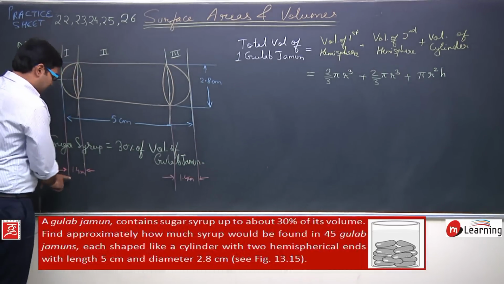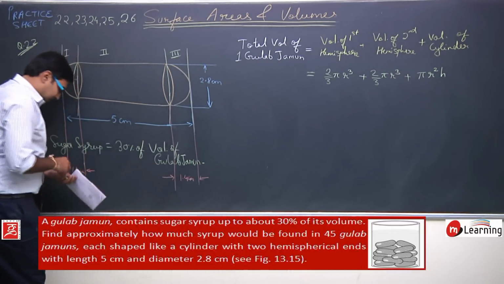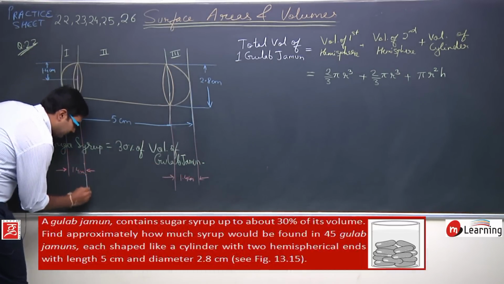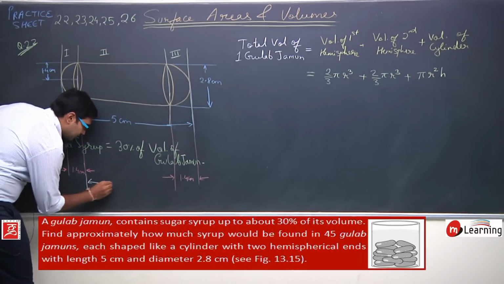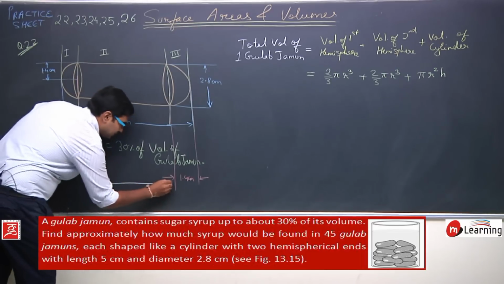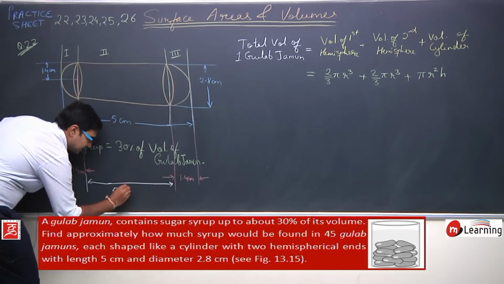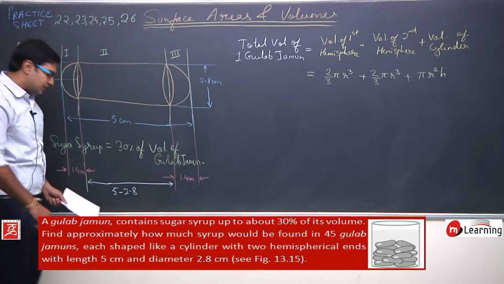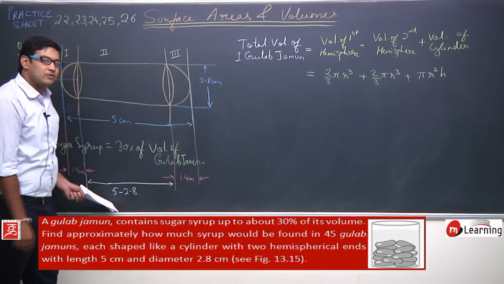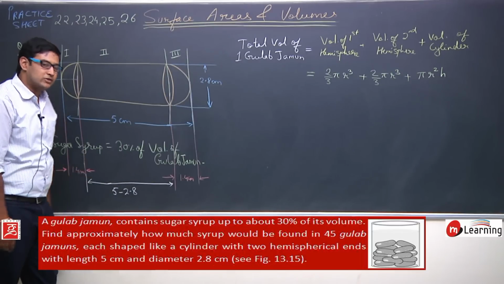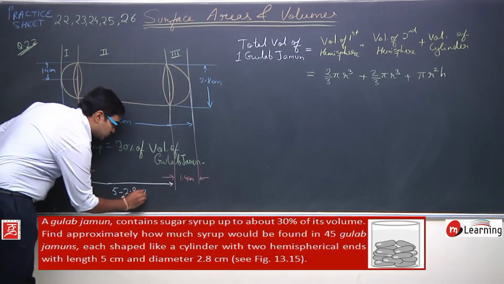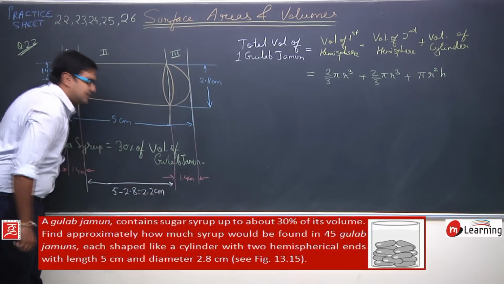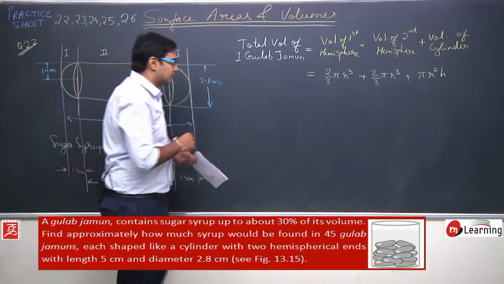So the length of the cylinder in between should be 5 minus 2 times 1.4, that is 2.8. So subtract 3 from this 5, it will be 2, and then add 0.2, so it will be 2.2. So 2.2 centimeters represents the height of the cylinder.